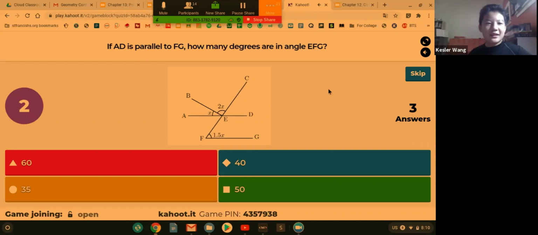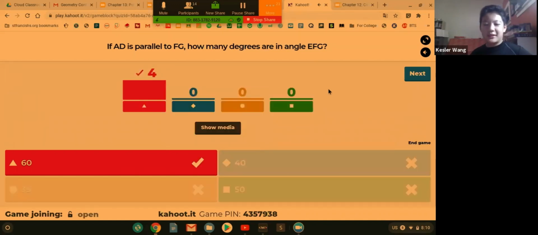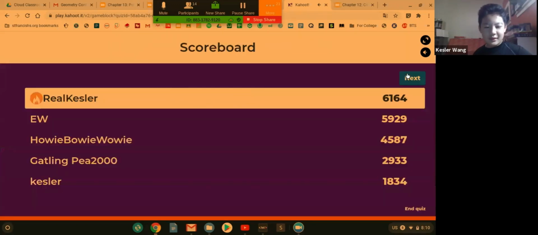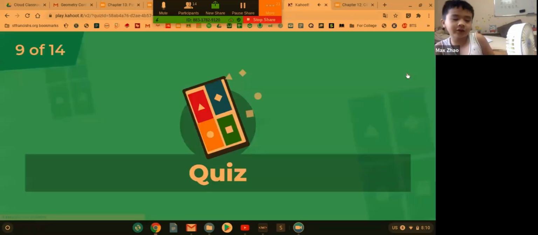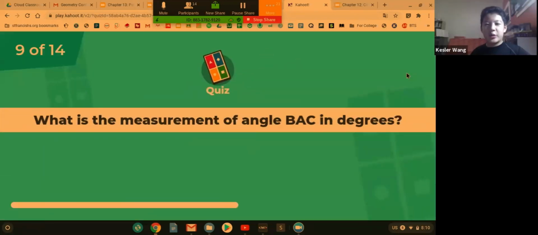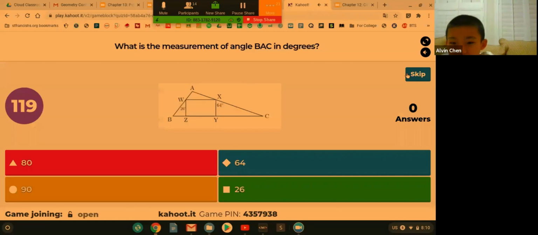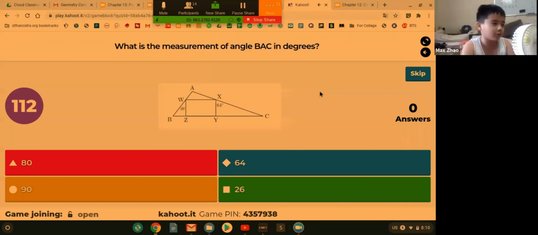The real Kessler is not the nickname, the real Kessler. Yeah. But who's the real Kessler? The real Kessler is still on the leaderboard and is not in 5th place. Gatlin P. If you say real is an adjective. Yeah, but we're not talking about grammar.